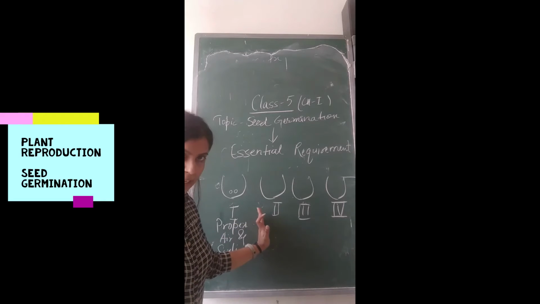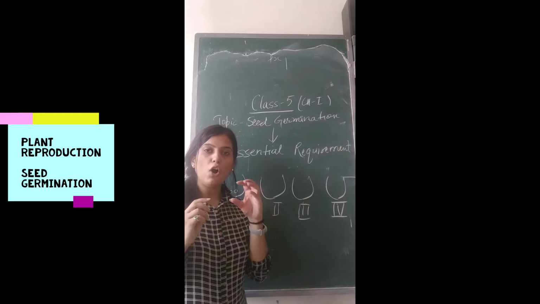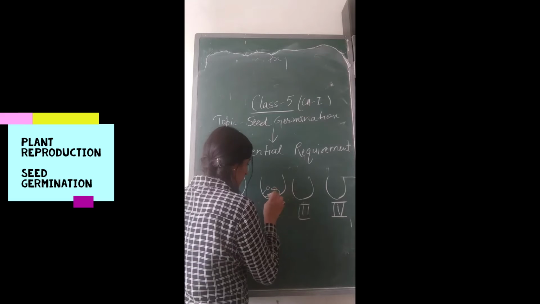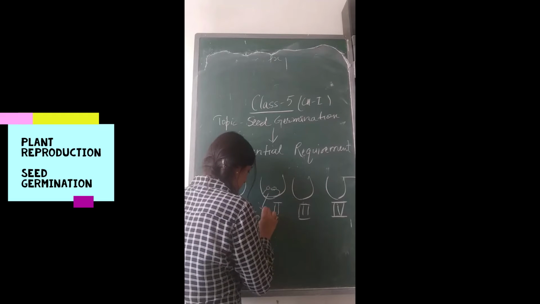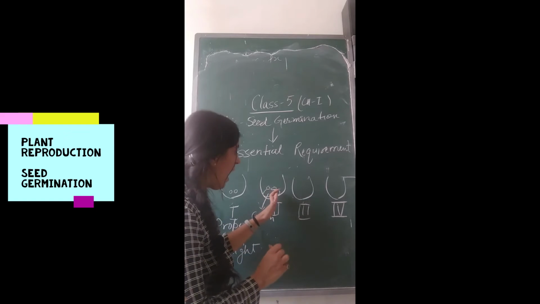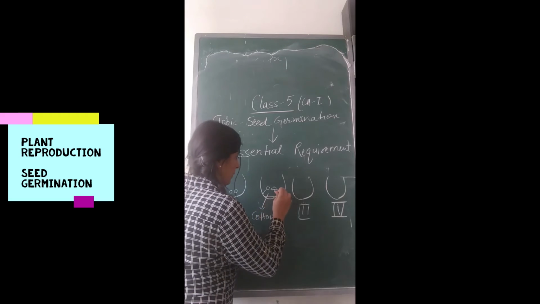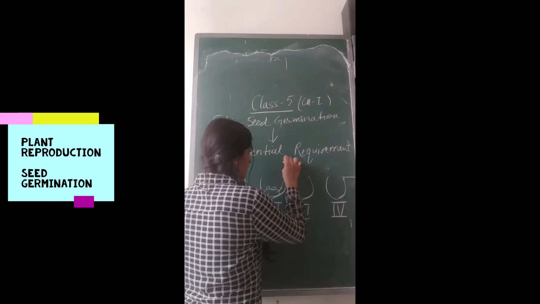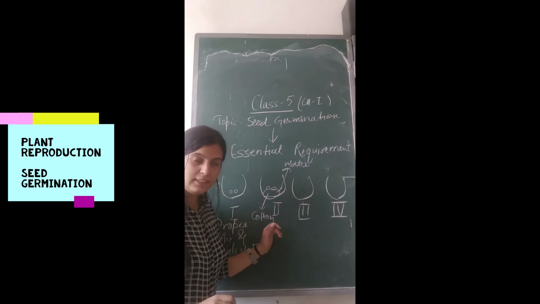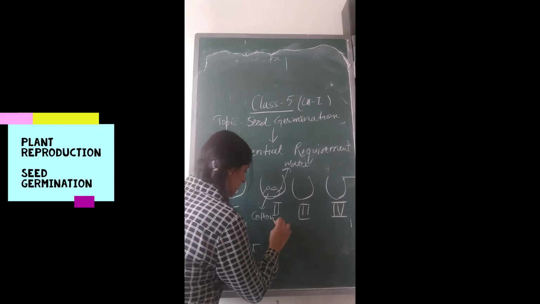For the second bowl, place the seeds on cotton and sprinkle some water on that cotton. Now place the bowl in proper air and sunlight.